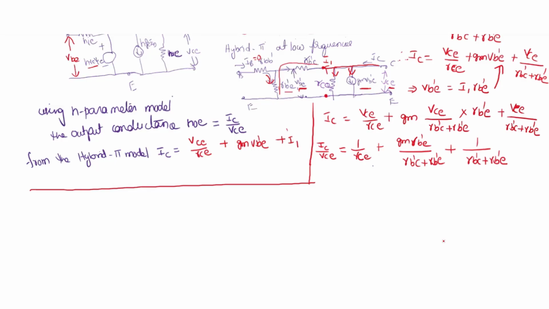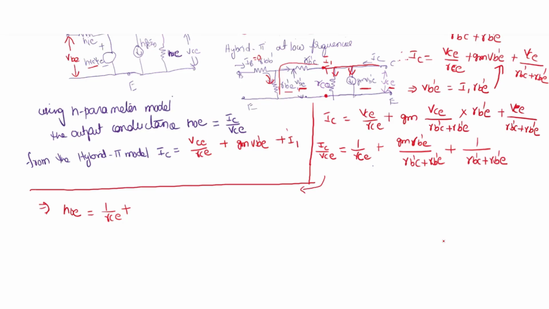That implies, IC by VCE from the H parameter model is HOE. HOE is equal to 1 by RCE plus GM RB dash E. You have a relation RB dash E is equal to HFE by GM.